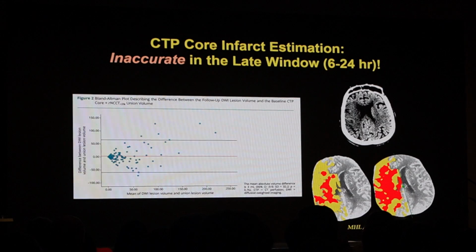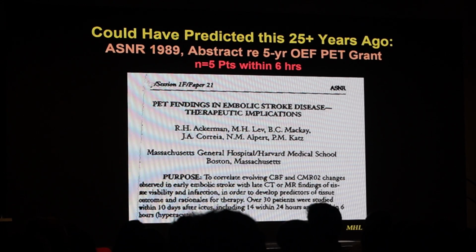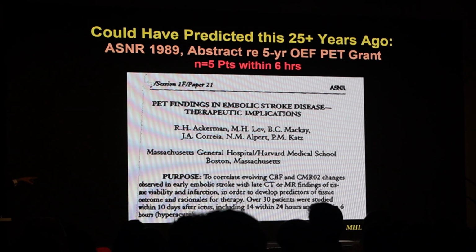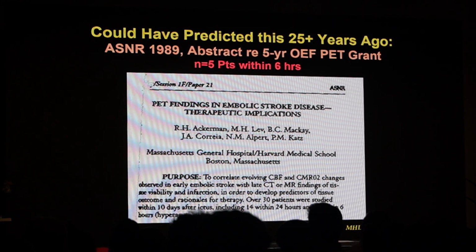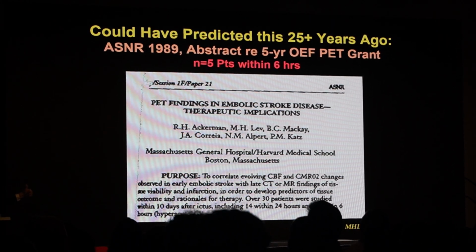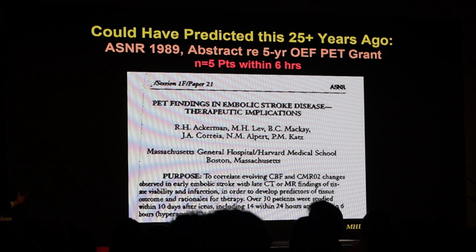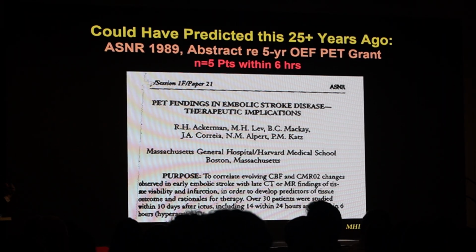This is why I don't like CT perfusion. We already said this, but I knew this back in 1989, and my mentor, Dr. Ackerman, was scanning these patients with PET, but before you had IV TPA and before you had thrombectomy, there was no treatment, so there was no hurry to get these scans, so they were all done late.